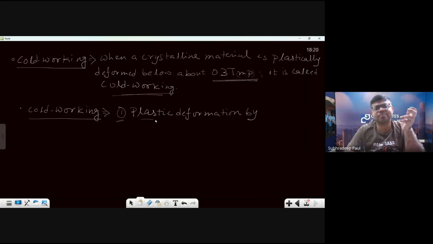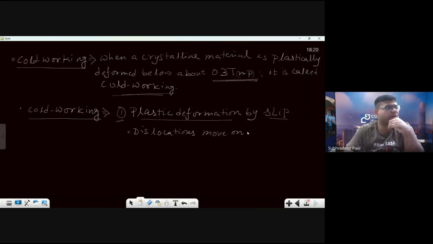So I can say plastic deformation by slip, slip of dislocations. Dislocations basically start to move. They move on preferred slip planes.